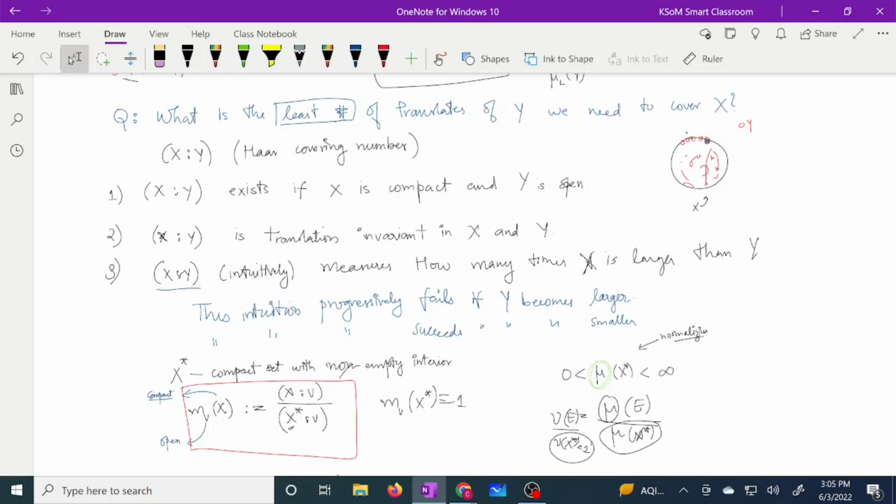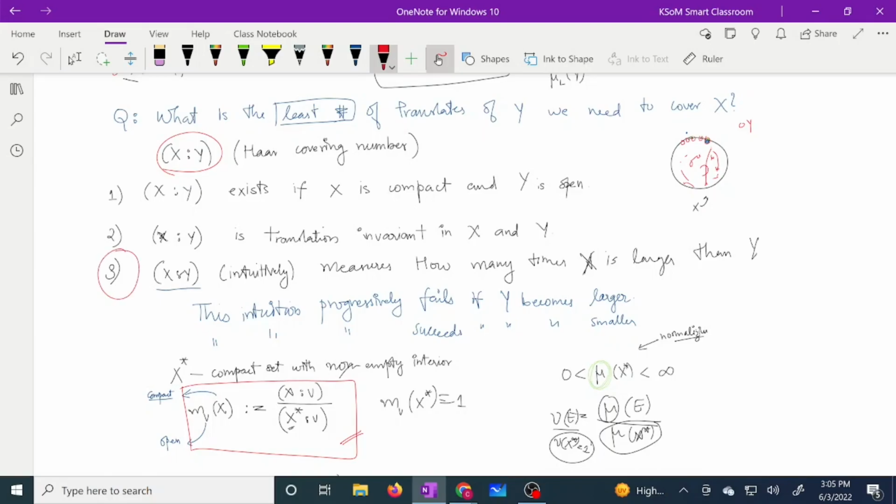So I have this thing, right? This thing that I defined. This gives me somewhat of an intuitive notion of the size of x as compared to the size of y. Okay, so with this definition I am taking care of two things. One is that my intuition tells me that the size of y should go to 0. I should take y smaller and smaller if I want to make sense of this intuition.